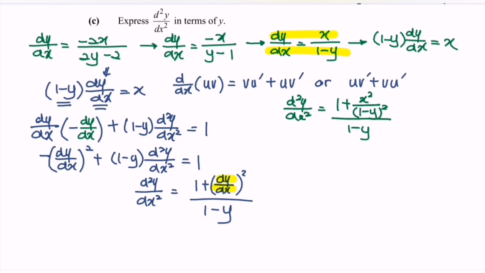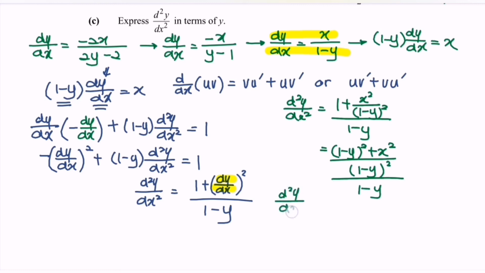So we can equate the denominator: 1 minus y bracket squared plus x squared, over 1 minus y bracket squared, over 1 minus y. Rewrite the situation. So we have the second derivative equals 1 minus y bracket squared plus x squared, over 1 minus y to the power of 3.